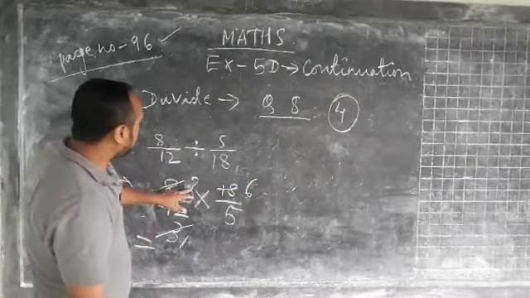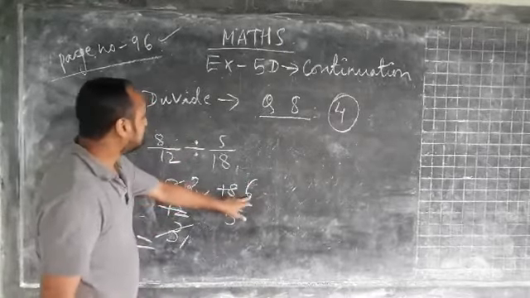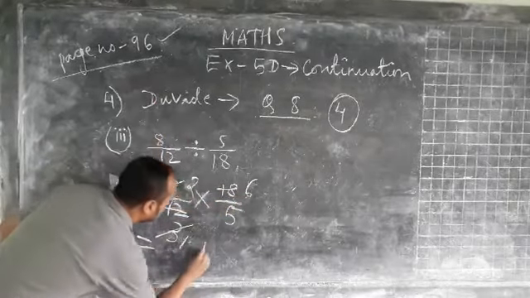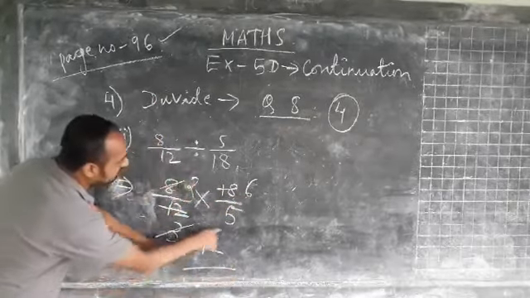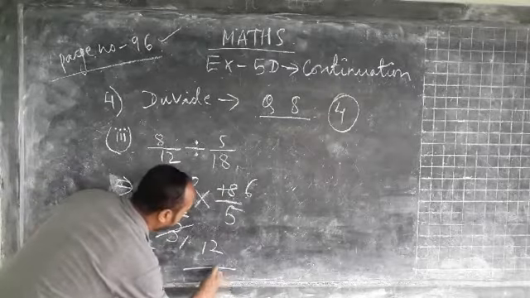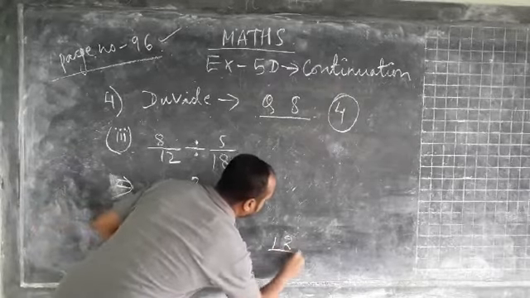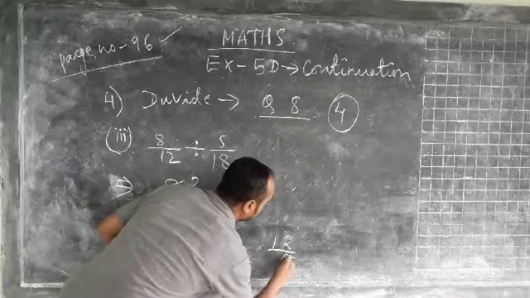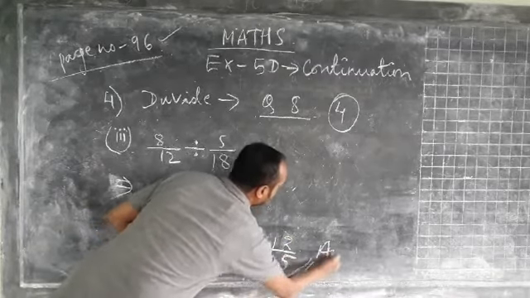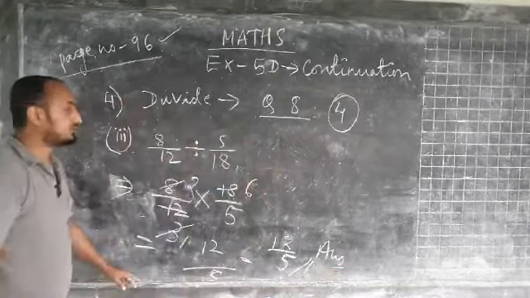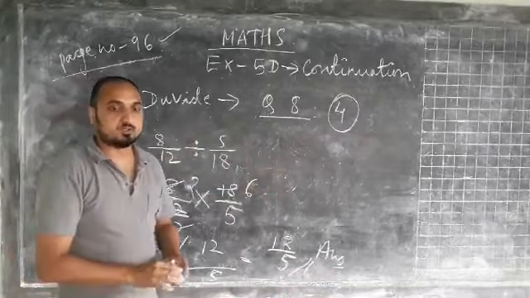The remaining numbers are 2 and 6. 2 6s are 12, 1 into 5 is 5. So after reducing we will get 12 by 5. This will be your answer.